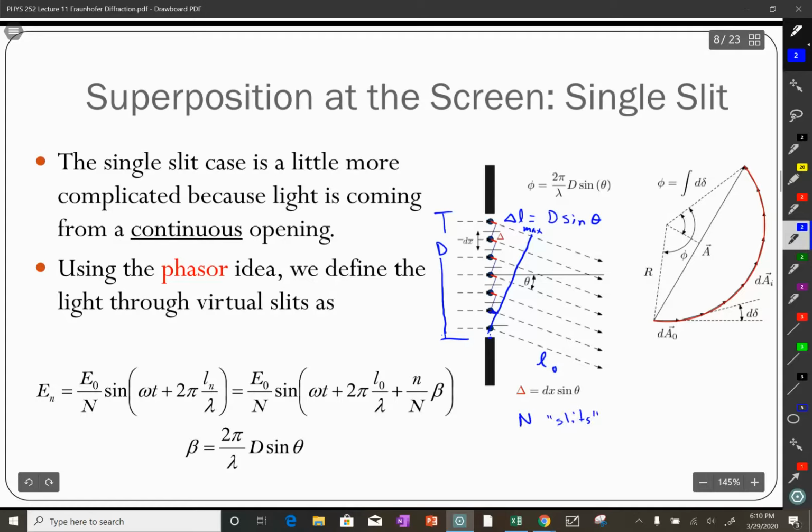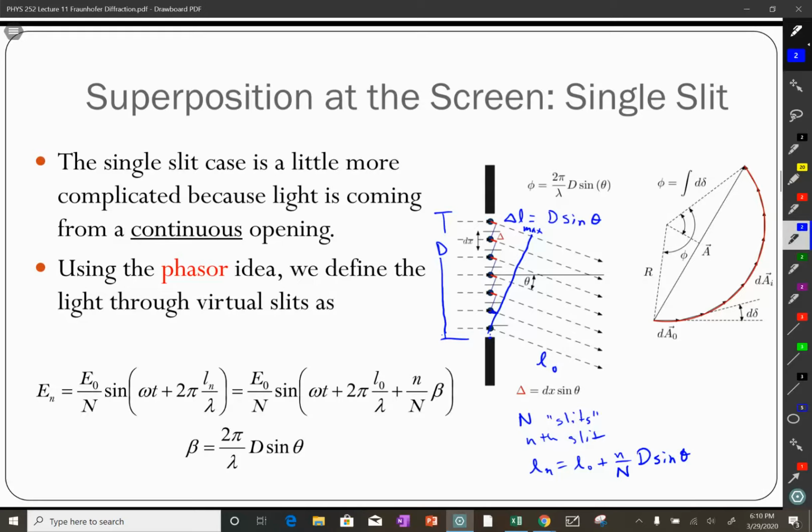And so the nth slit will have a length L sub n equal to the length of the 0th slit plus n over capital N. That is, if I had two slits, it'd be 1 over 2, if I had more, say 1 over 200, times the maximum of D sine theta.